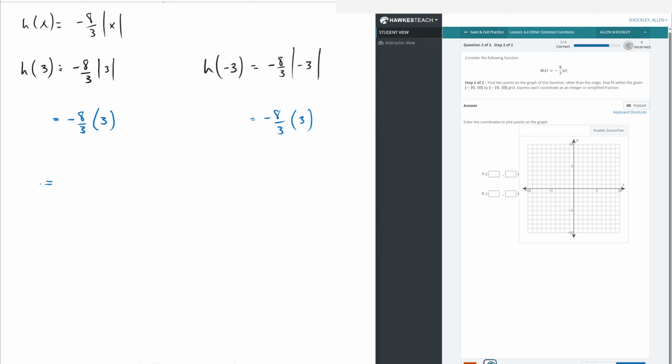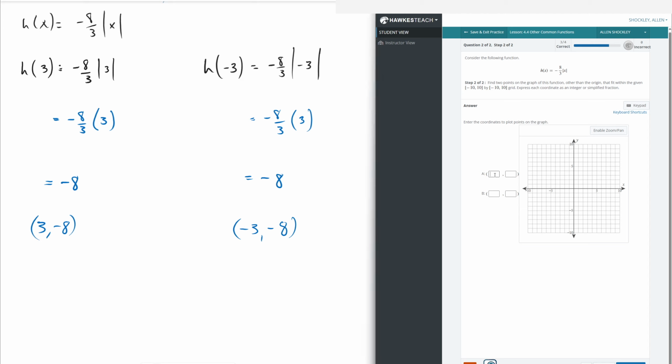So the great thing about absolute value functions, if you pick the same number, you only have to do the equation once. Negative 8 divided by 3 times 3 is just negative 8. So we have the coordinates 3, negative 8, and we also have the coordinate negative 3, negative 8.